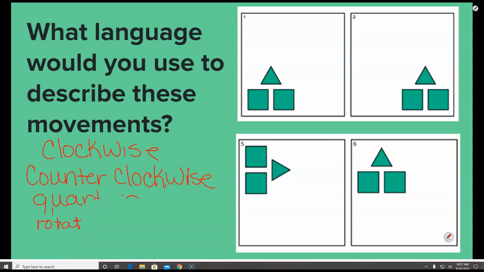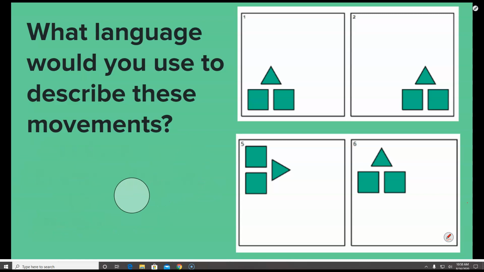Rotation. And of course, you always have to use direction words when you're talking about a rotation. You also have to give how much by using either a quarter, or you could use 90 degrees rotation. But remember, you always have to tell me the direction that you're rotating something in, and the direction of your slide. Is it going to the left or to the right, or is it going up, or is it going down? You always have to remember those. You always have to give direction for every move that you do.